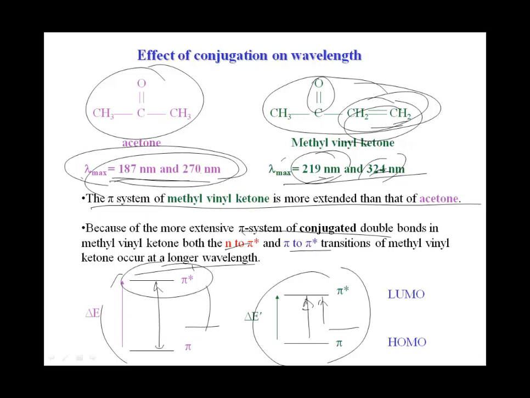Likewise for this compound here, I've never seen it, but it's going to be colorless as well, because these transitions at 219 and 324 nanometers are in the UV region. So you're not abstracting any colors from the visible spectrum, so it's going to be colorless.